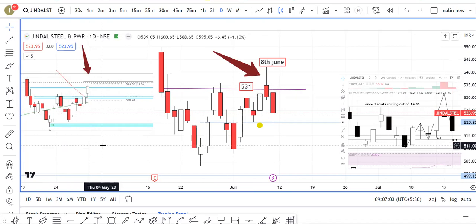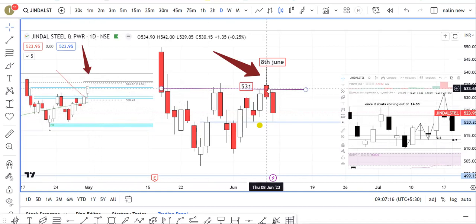I've taken a screenshot and I'm pasting it because of what happens to the traders. First, the people jump into the trade without knowing it will come down.